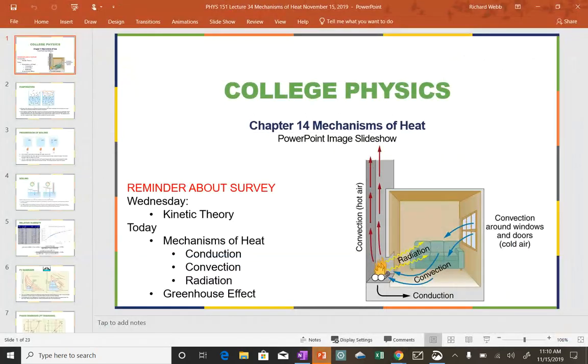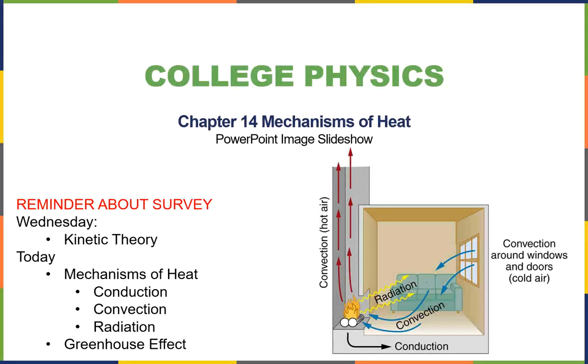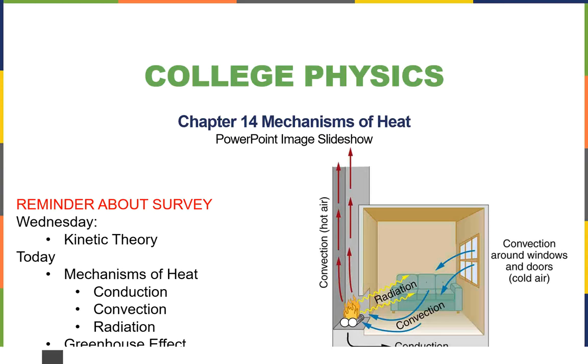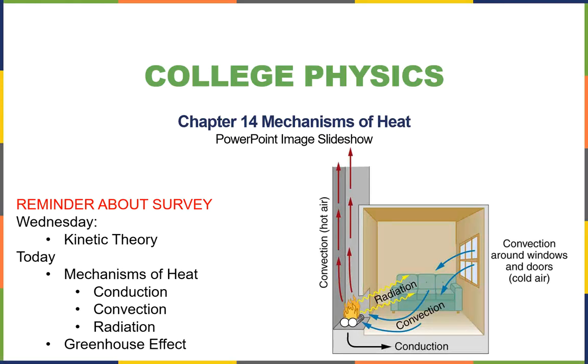Okay, back to the presentation, which now is up and running. In class on Wednesday, we talked about the kinetic theory of gases. So the problem we just did is an example of using kinetic theory of gas.